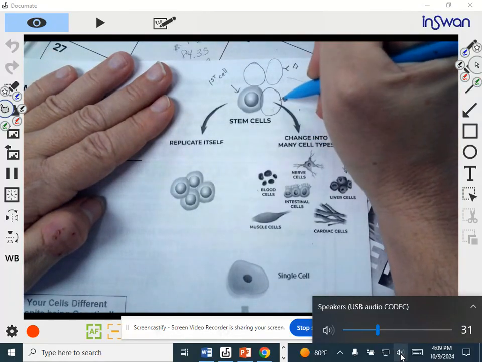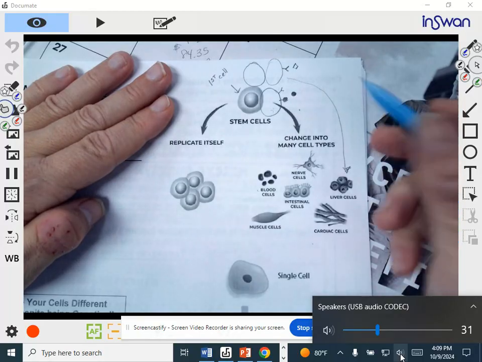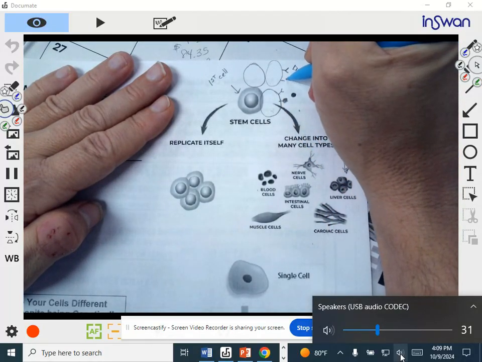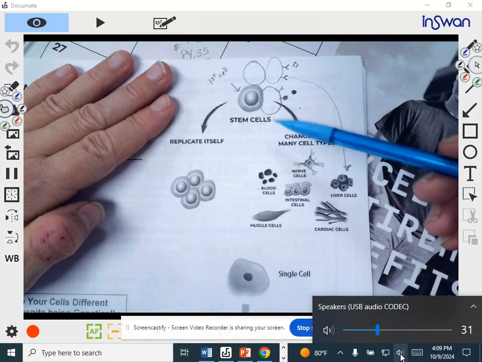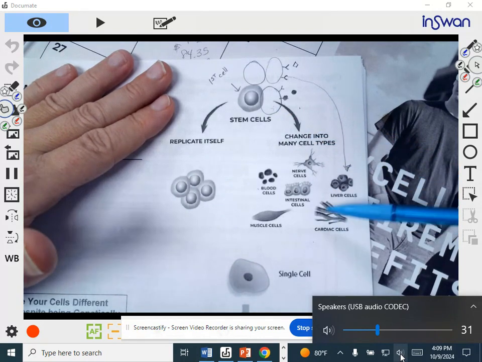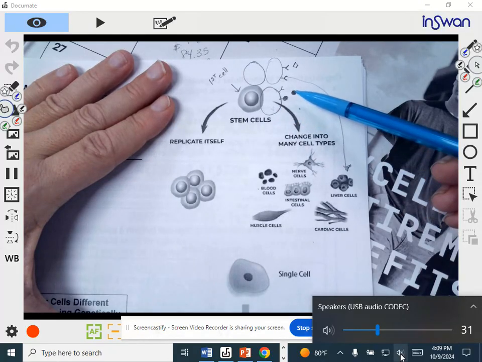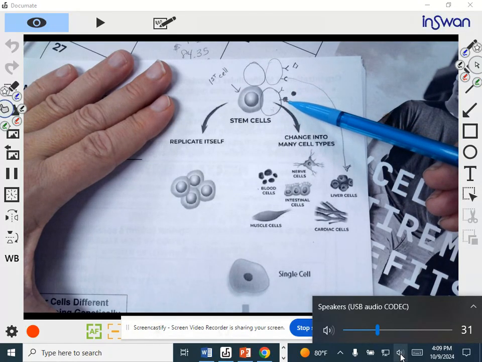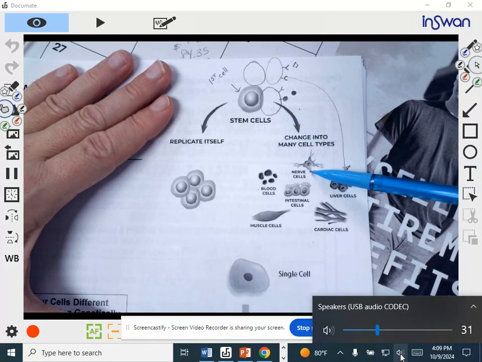So what I did here is I put on the surface of these cells some proteins. So these are proteins that kind of stick out into the environment. I'm going to put one right here. Okay. So these cells can receive signals, and that's what's going to cause them to turn on different types of genes and turn into these different types of cells. So if this cell receives this signal, so if this molecule from the environment binds to that cell's protein, this cell will turn into, let's say, a nerve cell.